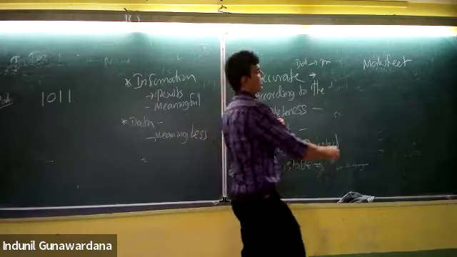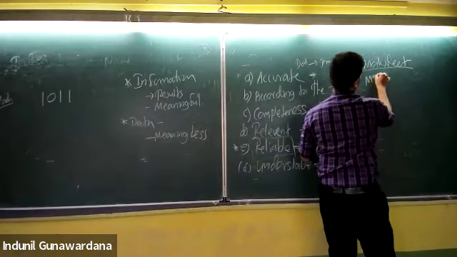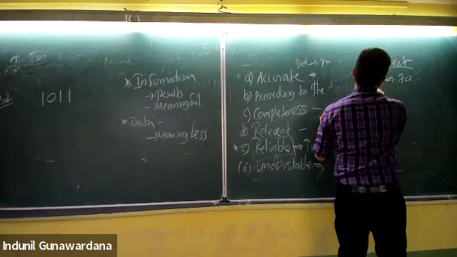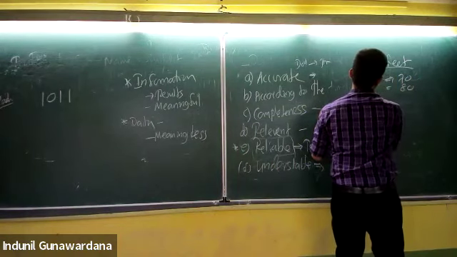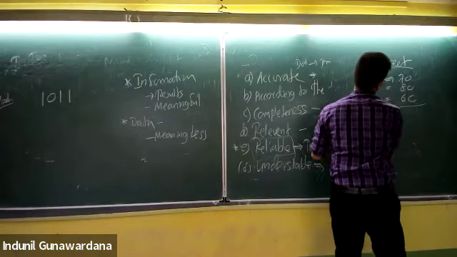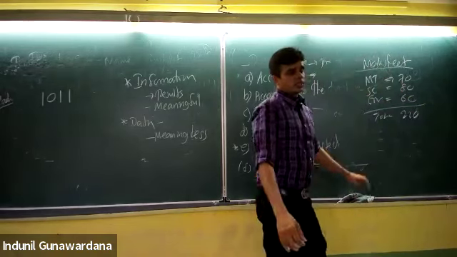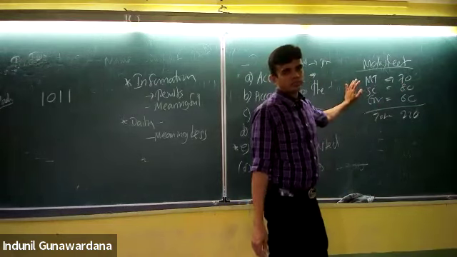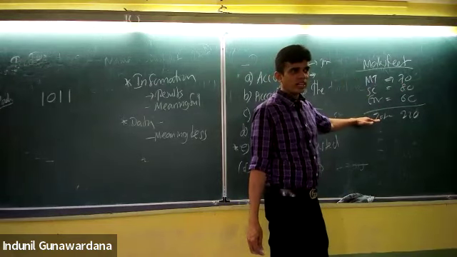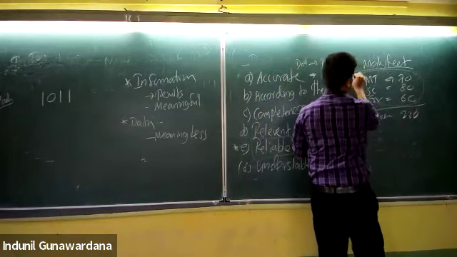Then I am going to the mark sheet. Maths marks 70, science marks 80, English marks 60. My total is 210. What is information here? Total marks. What are data here? These are data.